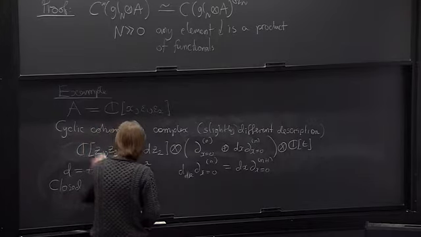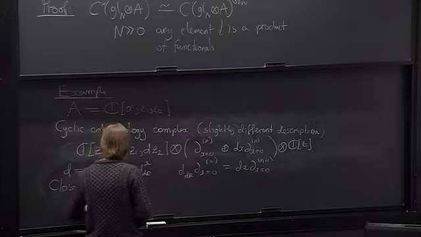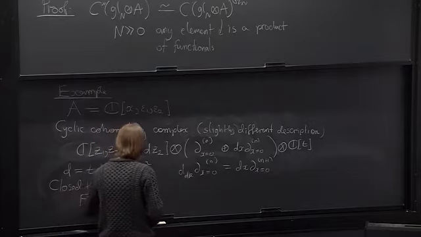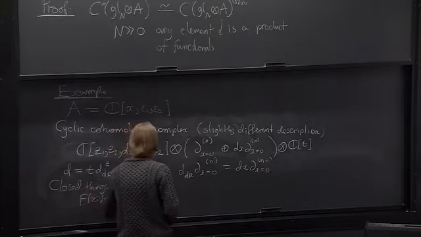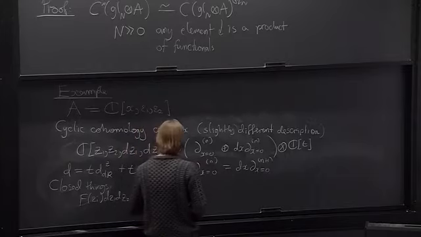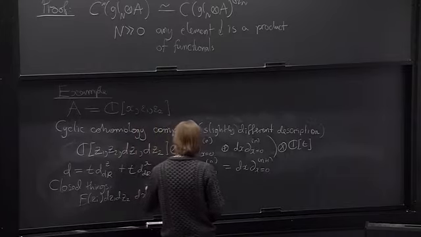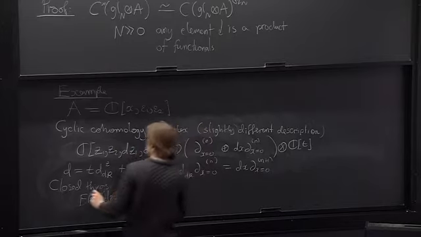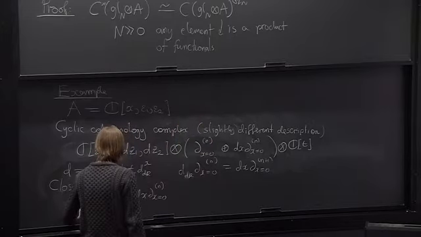For example, there would be like F, Ci, dz1, dz2 times dx delta x equals 0. And so on.